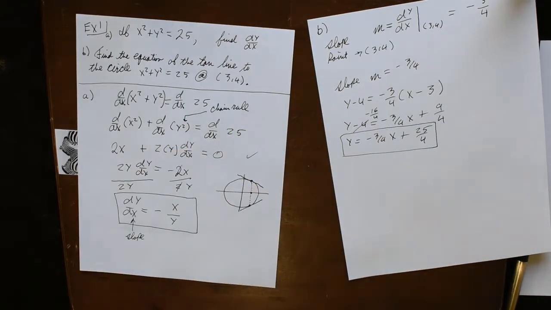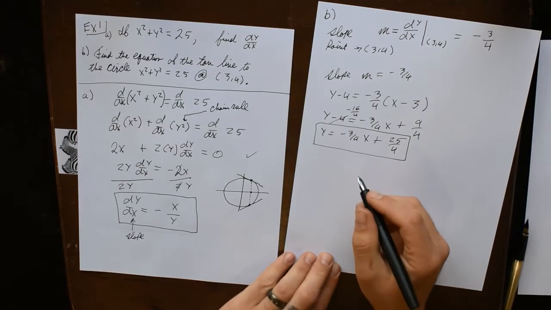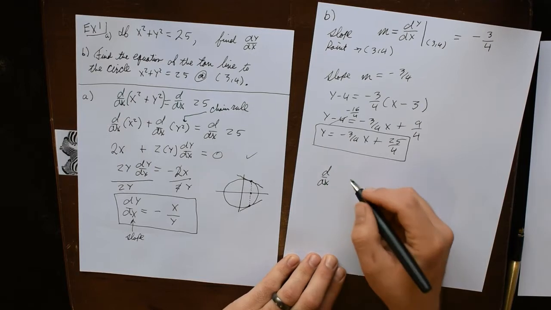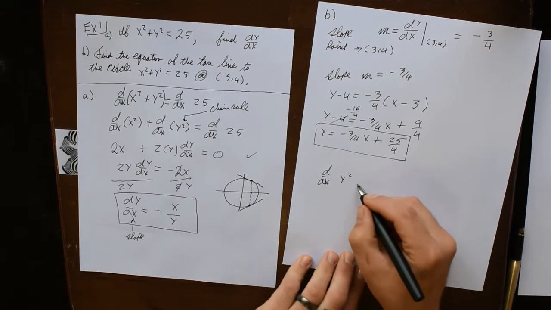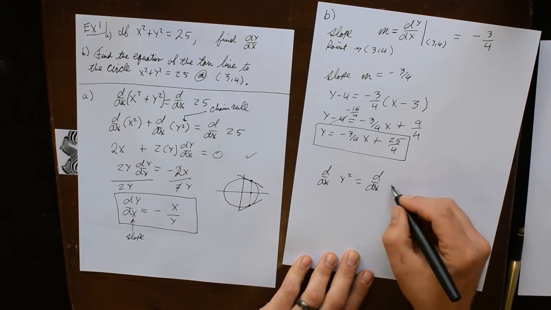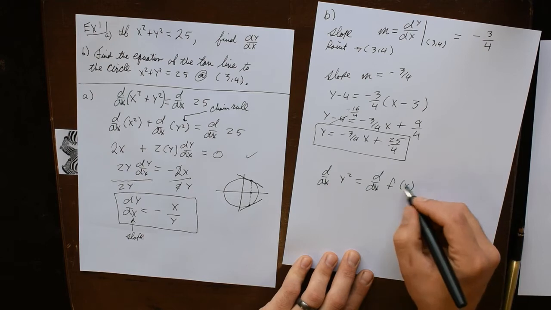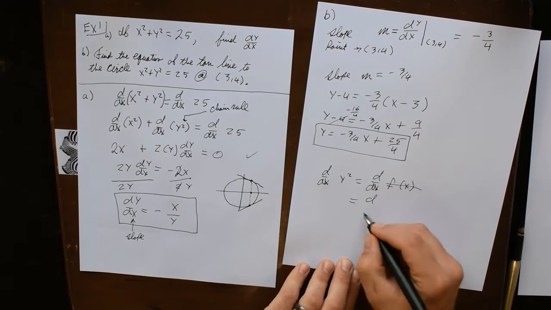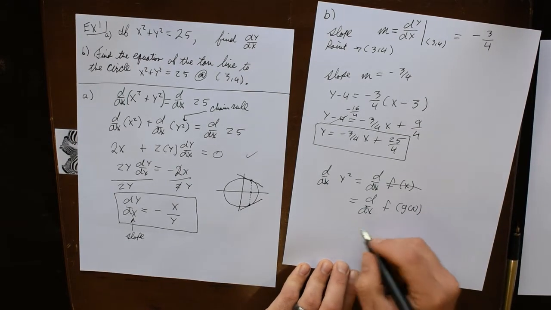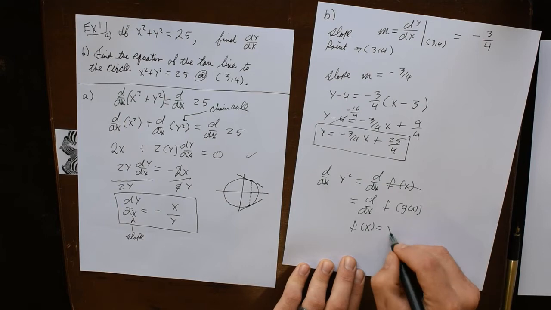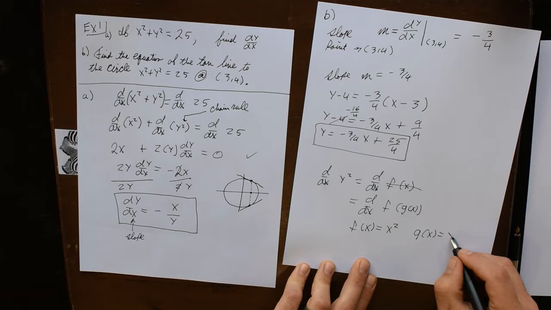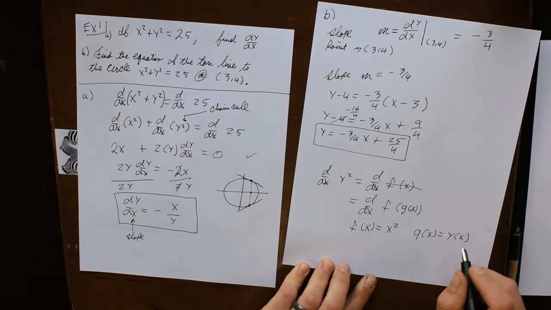You can think of it, and I'll write down here so we don't get too messy. When we're taking the derivative with regards to x of y squared, that's the same thing as taking the derivative with regards to x of some composition of functions, where f of x is equal to x squared and g of x is equal to some function y as a function of x.